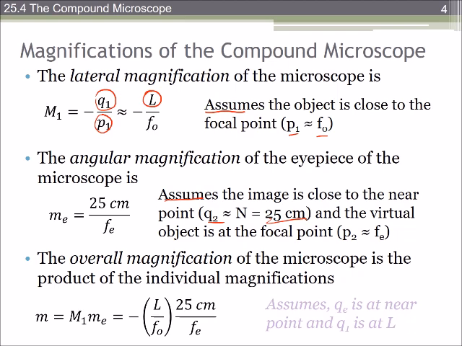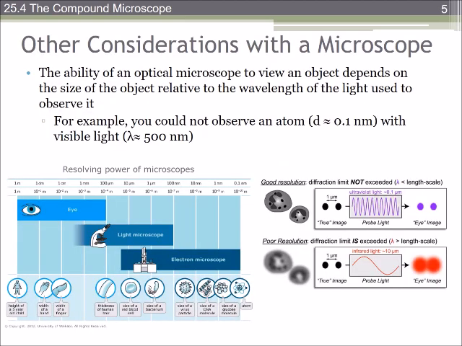You want it to be as close as possible. So then we'll put that in there as our image distance and the focal length of our eyepiece. And if we combine those two equations, we get the total magnification power of the microscope. So we'll look at a couple examples where we use these equations.